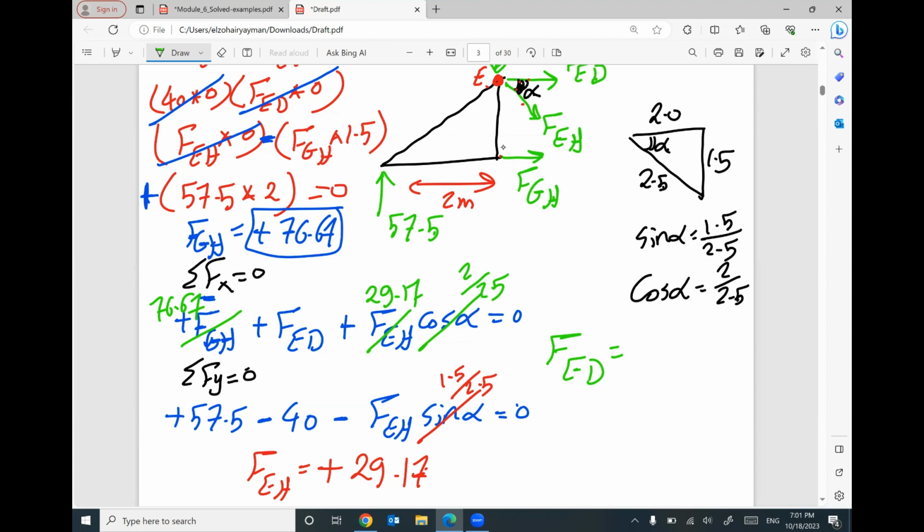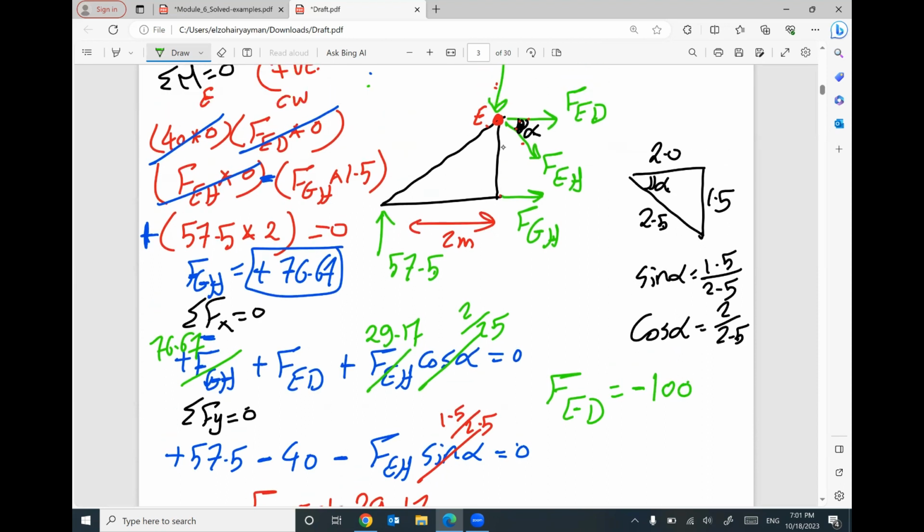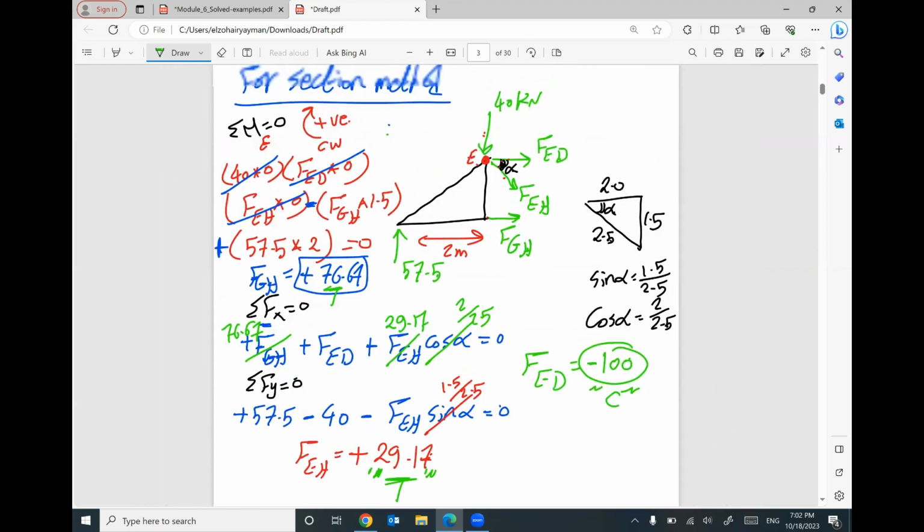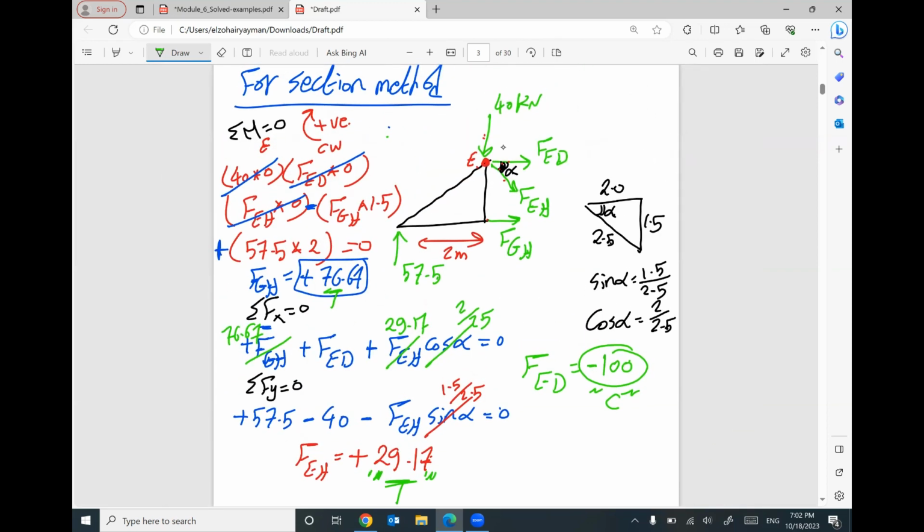It will be negative 100. What do you mean by a positive value? It's tension. I assumed a correct direction. A negative value means I assumed a wrong direction, and it should be compression. Positive means I assumed the correct direction, which is tension. So by the end, I found the three internal forces in the three members, GH, ED, and EH, using the section method.